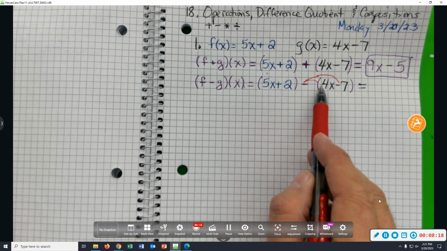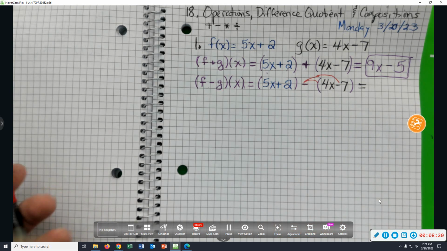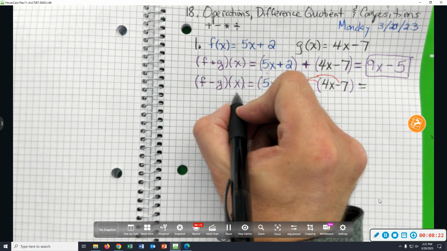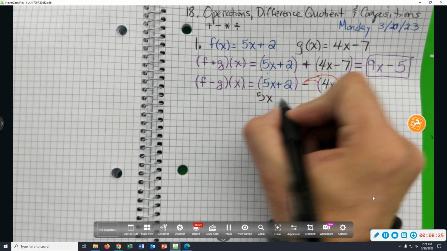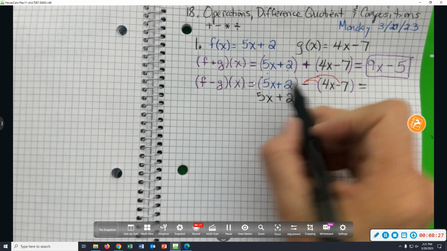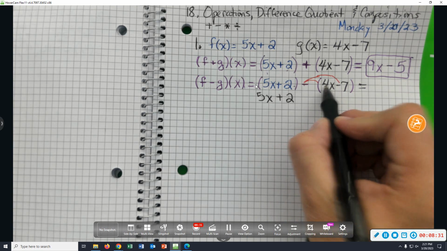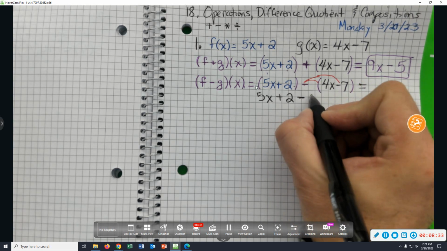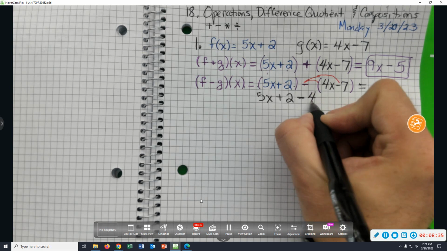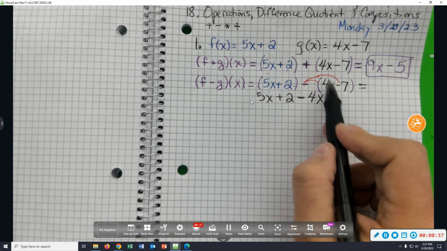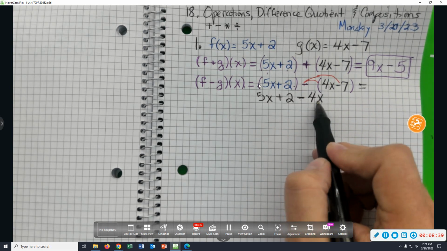So I'll put these little marks here to mean distribute the minus. So what do we have? 5x plus 2. That first set of parentheses is unnecessary. There's nothing in front to distribute. You could think of it as being a positive 1, but multiplying by positive 1 doesn't change anything. Nothing in front of the parentheses, so we just drop them.